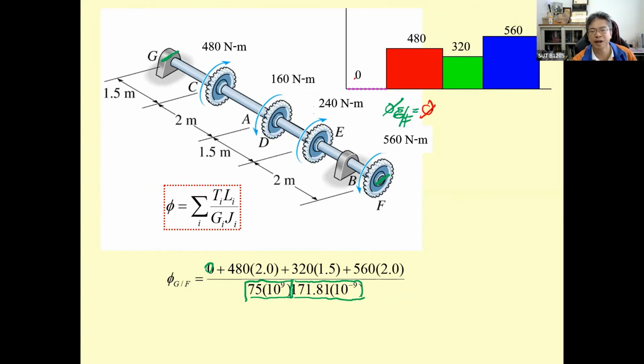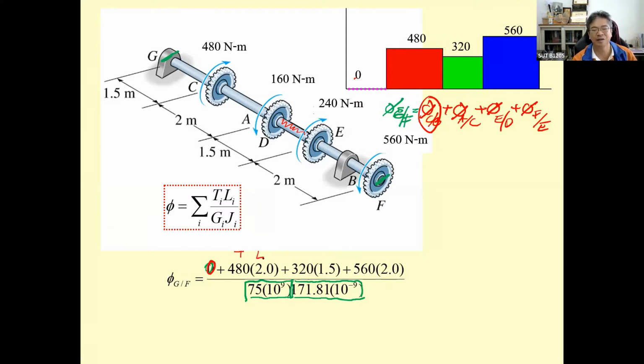This is phi C/G plus phi A/C plus phi E/D plus phi F/E, and then you know this one is going to be 0, and the other G and J are constant.